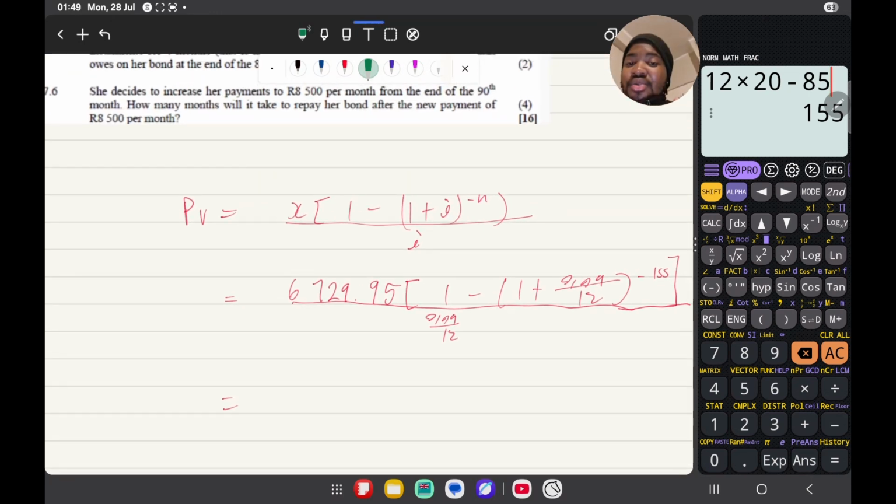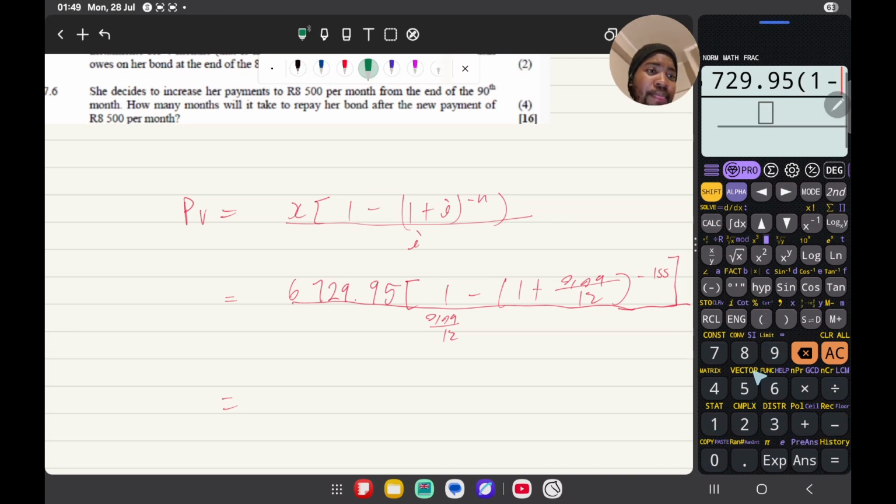If it doesn't, I did something wrong and I will have to go and fix that. But I doubt it. Let's see. 1 minus, minus 155. Close bracket.